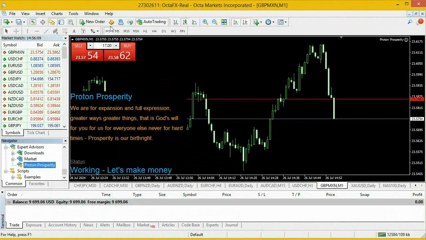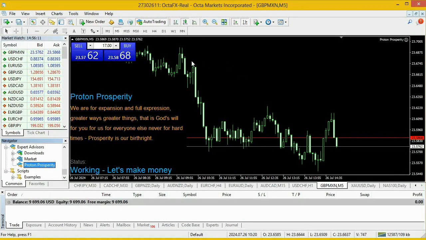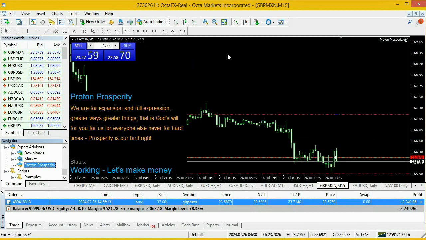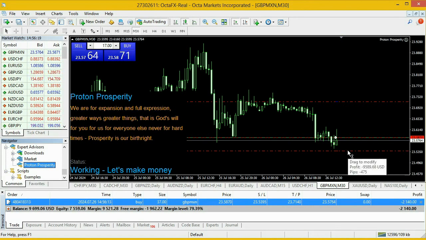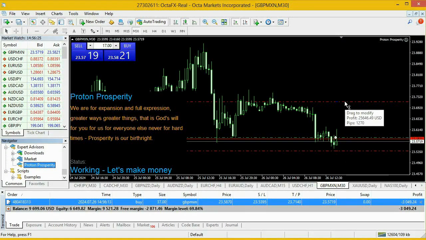This is the British pound and Mexican peso. Buy position executed. Our stop loss and take profit.